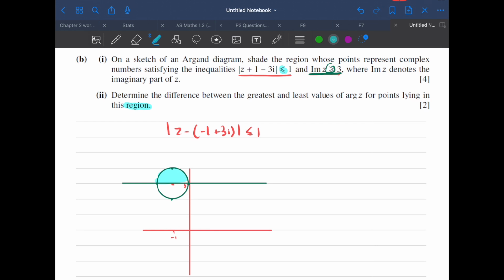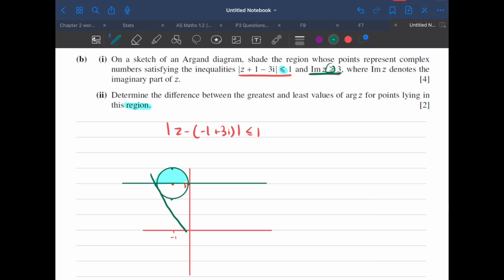So I can't apply the circle case here. Here we find it for the region. So what's the least one? The least argument is still this line and the greatest is still this line. The region starts here and ends here.